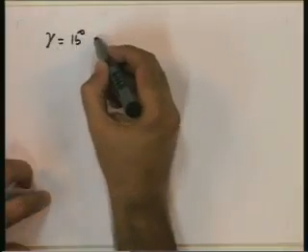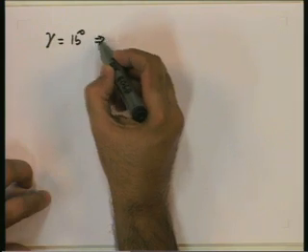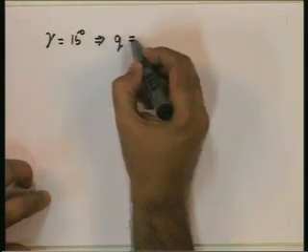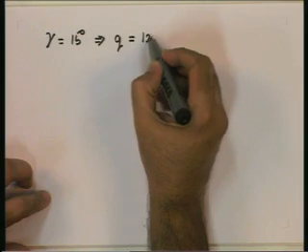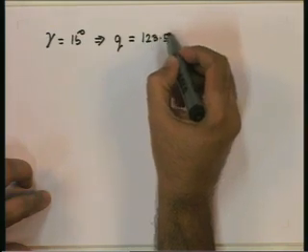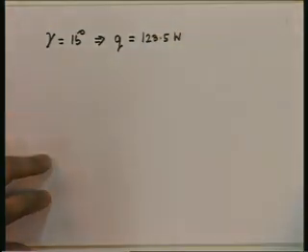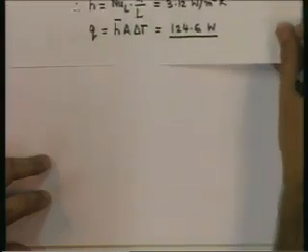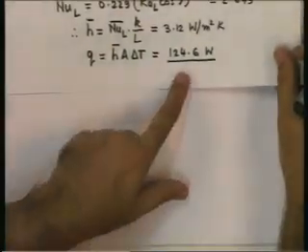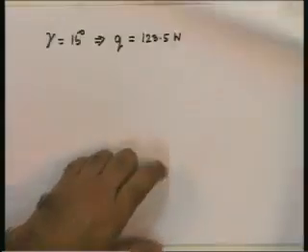For example, at gamma is 15 degrees, you will get the heat loss to be 123.5 watt, only slightly smaller than the 124.6 watt which we obtained just now.